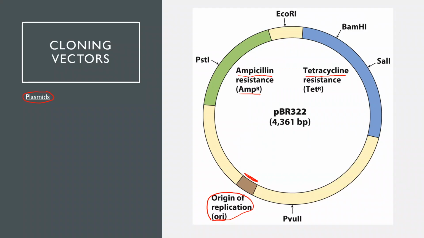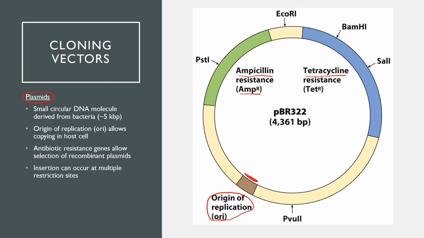And so most plasmids have multiple cut sites, and some of them are actually inside these resistance genes, which we'll explain why that would be later on. But those are important as well.